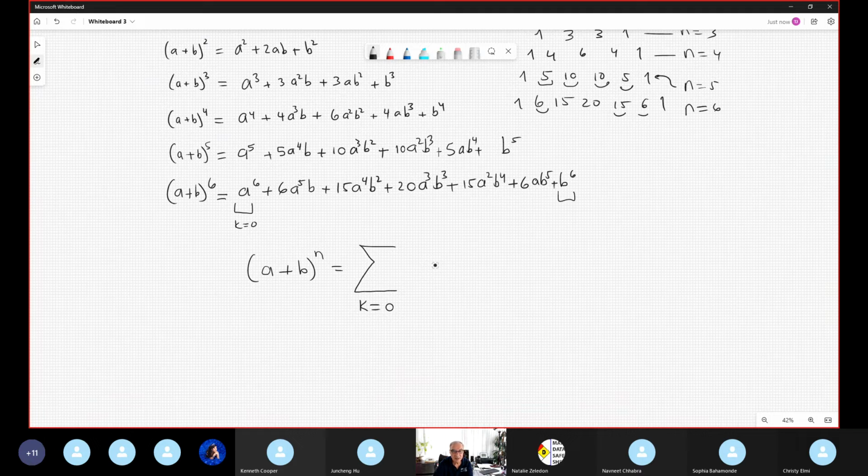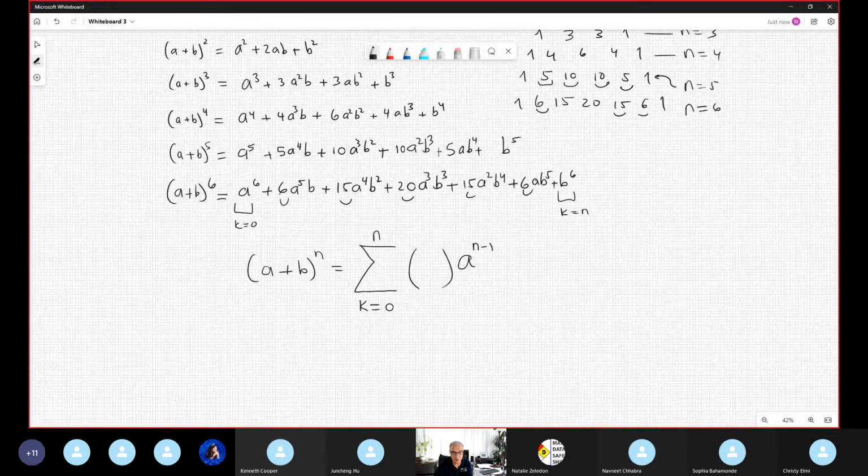And the last is k equals n, with a coefficient. I have no idea what the mathematical idea is for this coefficient, but I am sure it's A to the n minus k, B to the k.